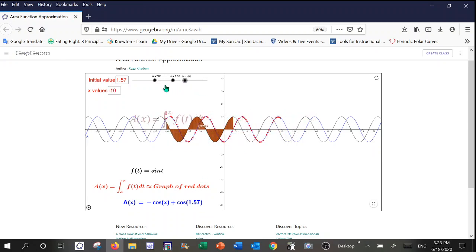Let me move this a little bit so I can get more points so we can see the shape. Notice this red function created by the red dots is actually negative cosine. You see, it starts from here and goes up and then comes over here. That's negative cosine, because cosine has to start from here and go this way, right? This is negative cosine, and the middle is 0. So cosine of pi over 2 is 0. Okay, so that's the connection of the c to the initial value a. That's how they're connected.